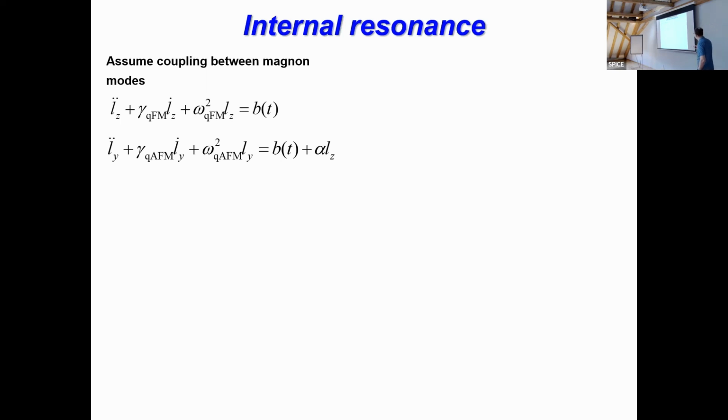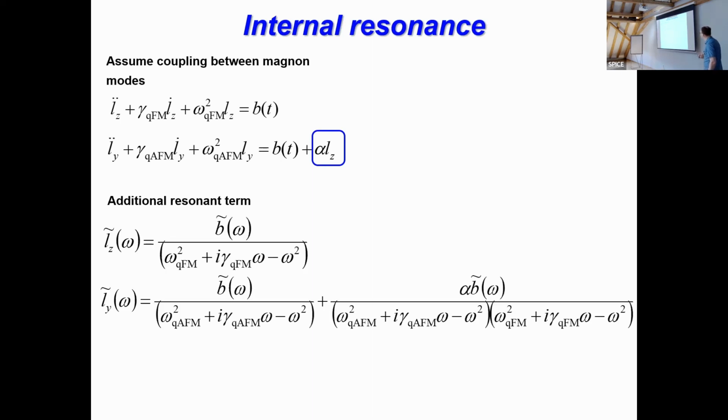And then you can introduce some coupling between them. I just do it for the simplest case. You can imagine other forms of the coupling here as well, or you can take a time derivative instead of just the antiferromagnetic vector component.